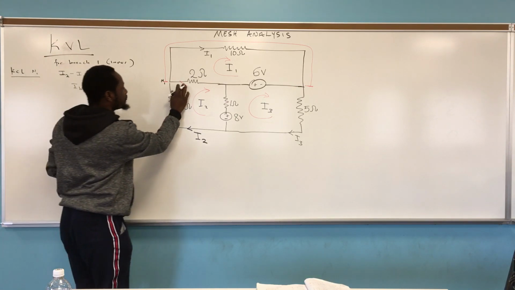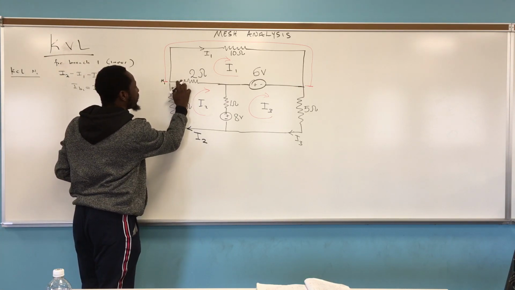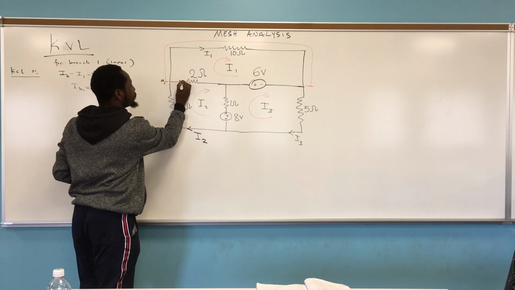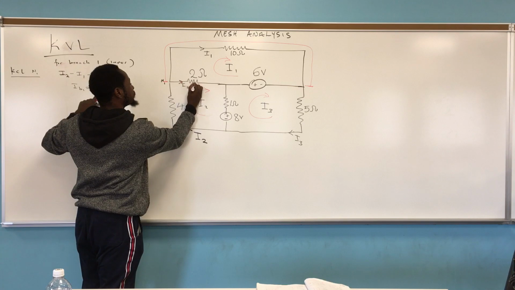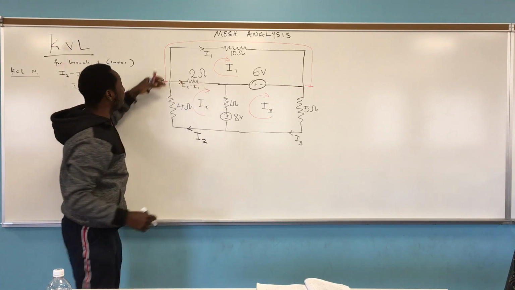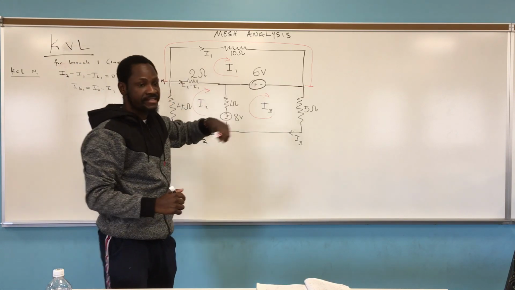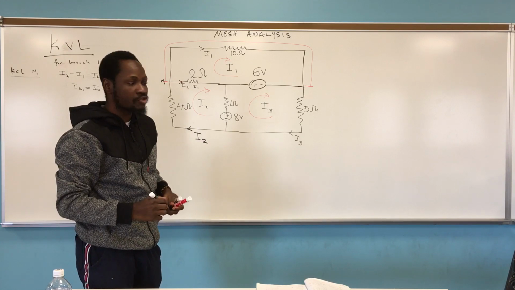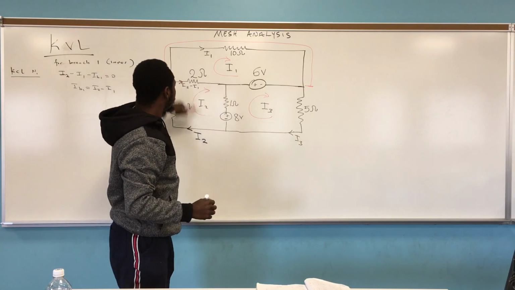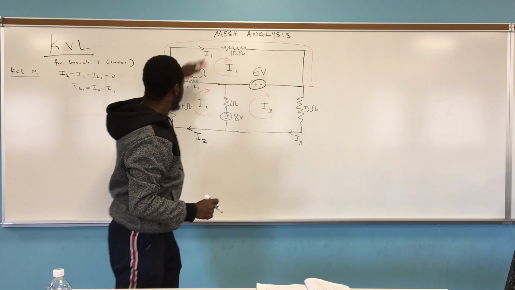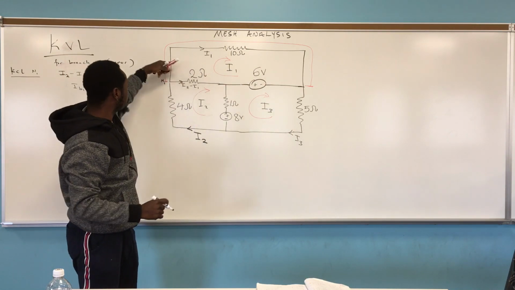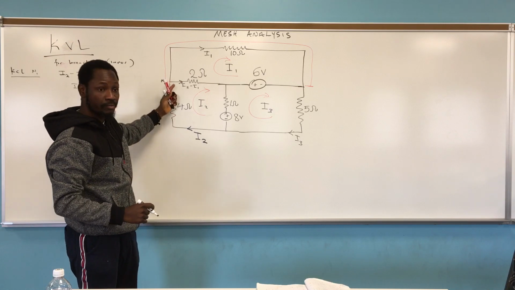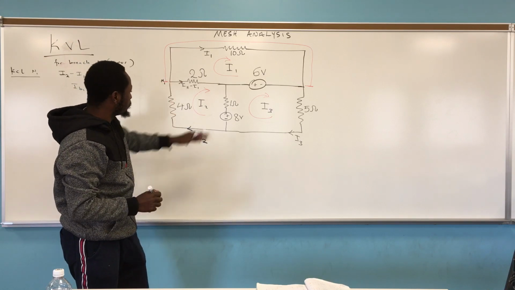So instead of having a newly defined current here, you just call this current I2 minus I1. So every inner branch is expressed in terms of the what? Mesh currents. So we've been able to express this inner branch in terms of the two mesh currents that are coming in. Now we go to this branch.